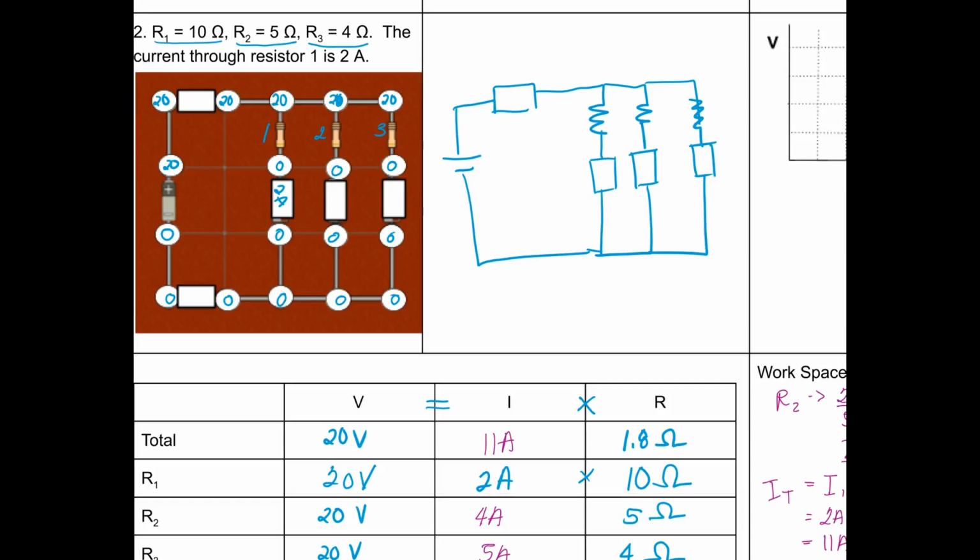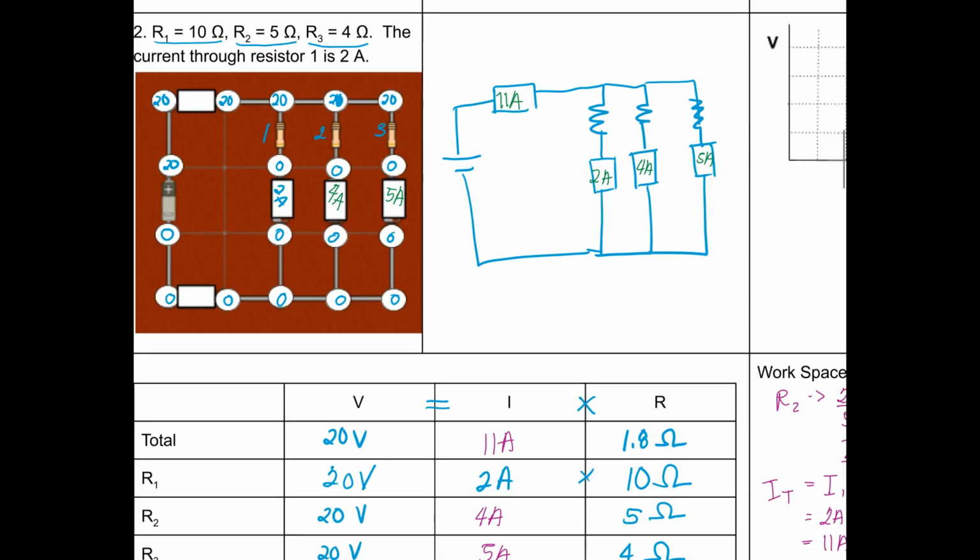Let's use green. 2A is our current at resistor 1, 4A is our current at resistor 2, and 5A is our current at resistor 3. So it was 2, then 4, then 5. When you add all these up together, we're going to get 11A.